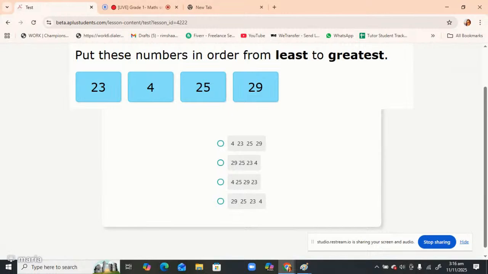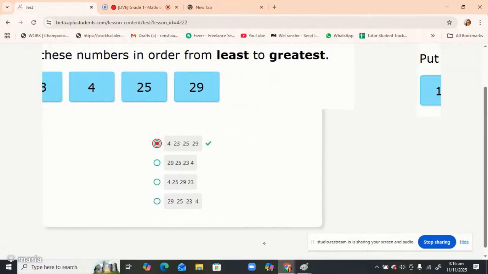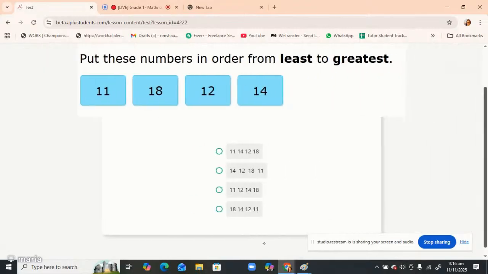What is the next smaller number? 23, 25, or 29? That is 23. So the first option is 4, 23. In all of it, there is not 4 and 23, okay? What comes next? That is 25 and then 29. So let's go with this one. So here is the right option.